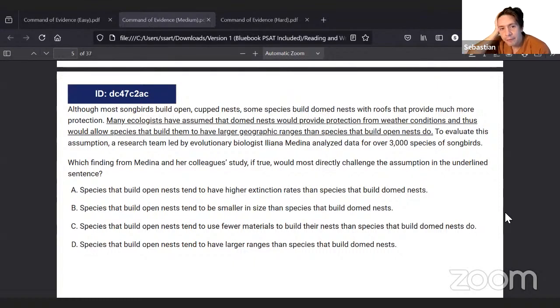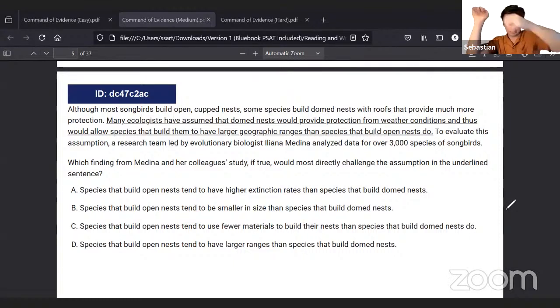Which finding from Medina and her colleagues' study, if true, would most directly challenge the assumption in the underlying task? So challenging is similar to weakening, right? You're doing something that calls into question the claim.